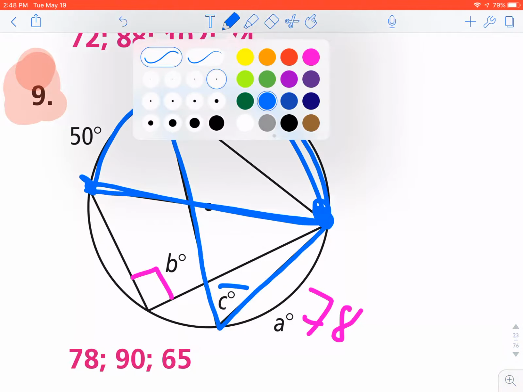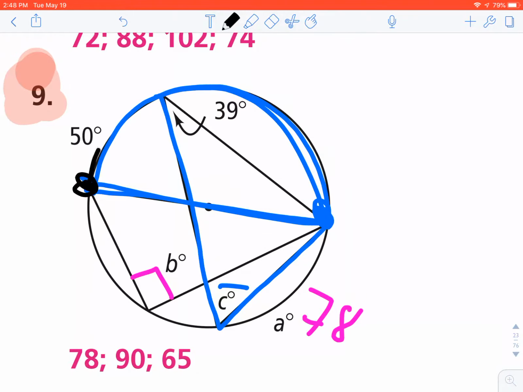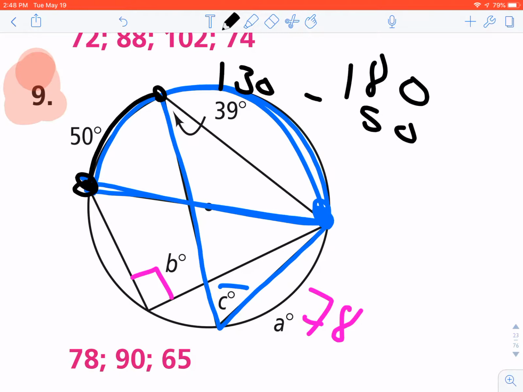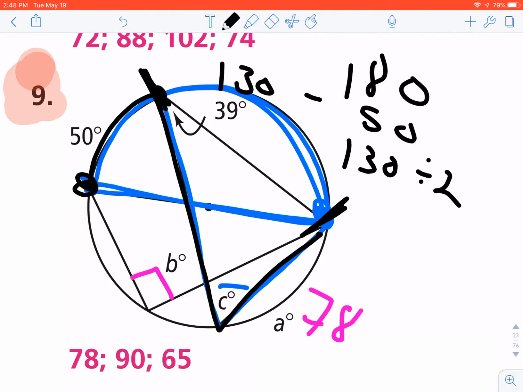It's also telling me that from that intersection to this point is 50 degrees. So if I take 180 and remove from it 50, I'm left with 130 degrees from this point to this point, which is the exact arc that creates angle C. So divide your 130 by 2, and you get your answer of 65 degrees for angle C.